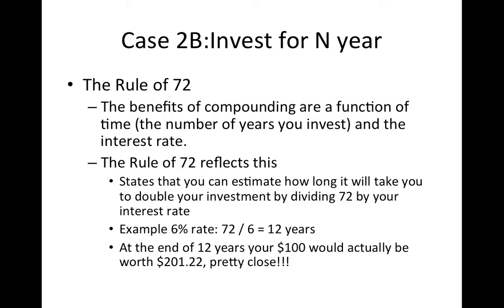So sure enough, about doubled. So it's not perfect, it's not exact, it's not how I want you to solve things in class, but it's a nice little in-your-head sort of thing for thinking about if you've got investments that you're going to put out for a long period of time, how you can quickly approximate their value.